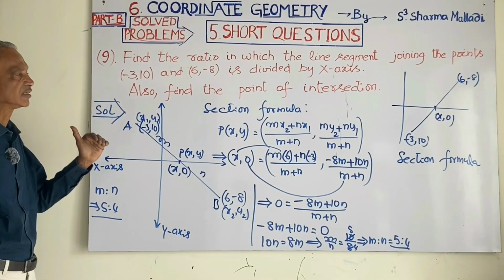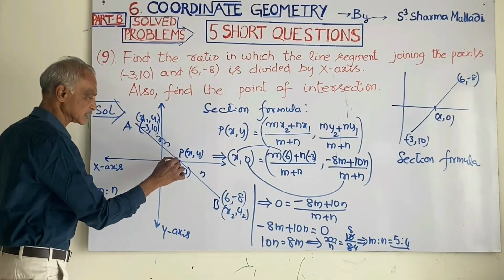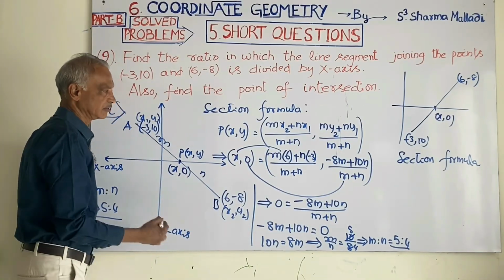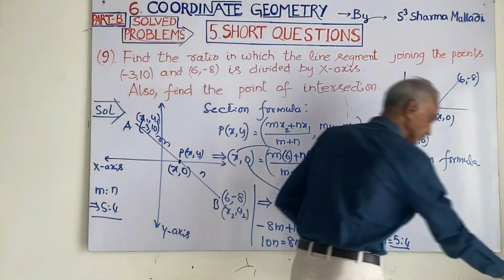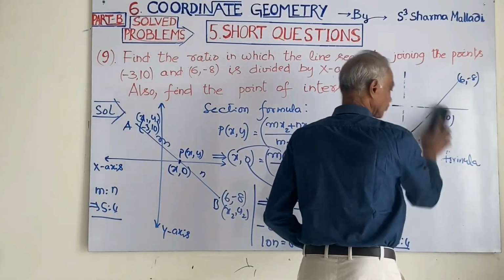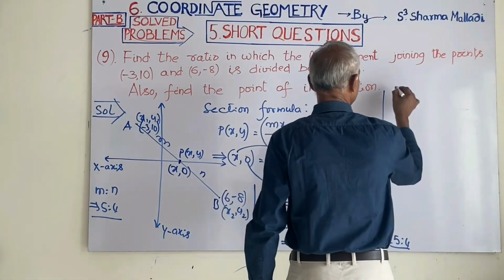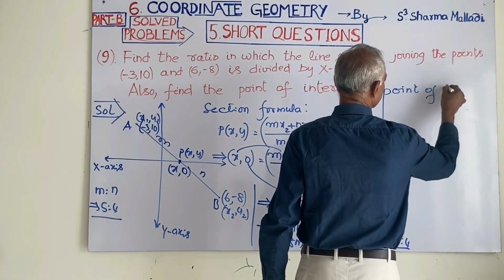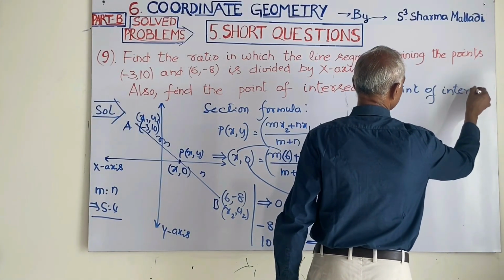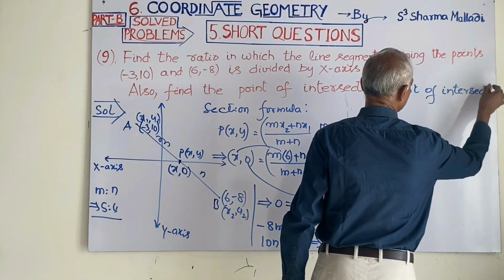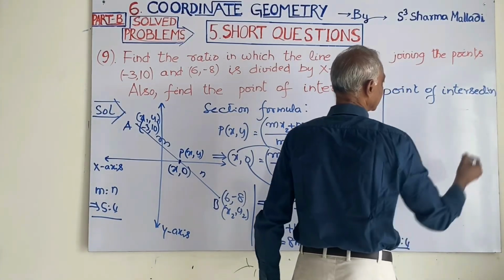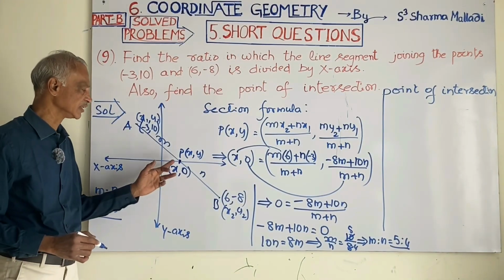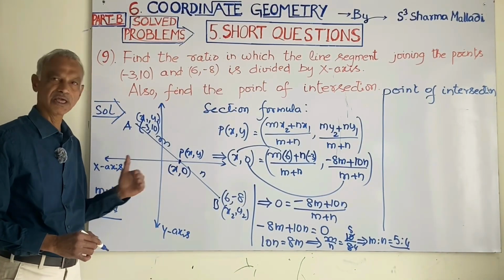Also find the point of intersection. What is the point of intersection? This is the point of intersection we have to find. Okay, we will find out. Now we have to find the point of intersection. Already we know m is to n.